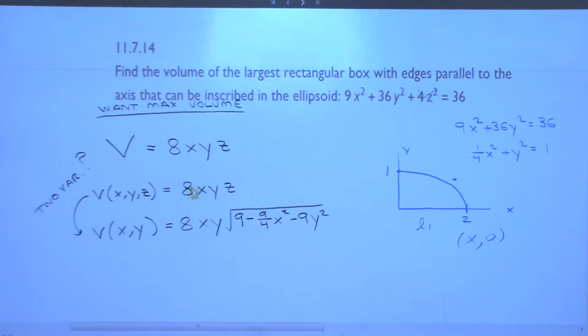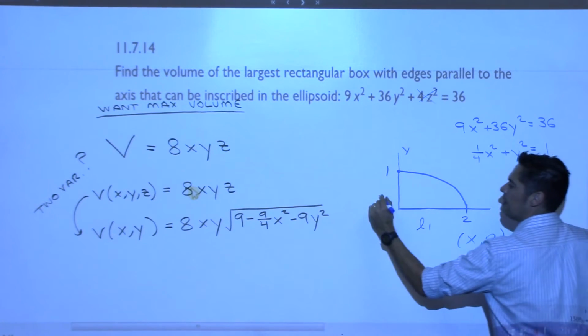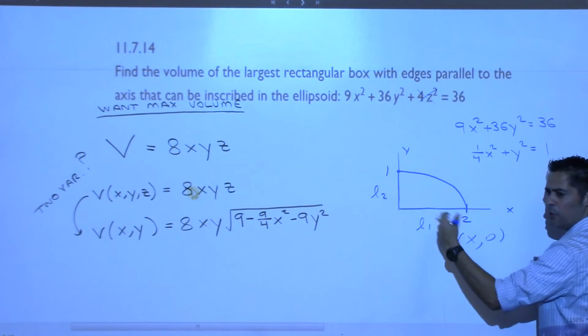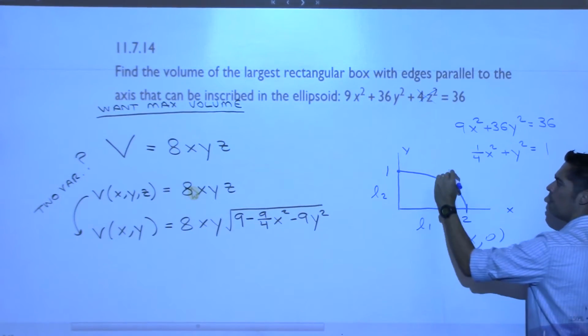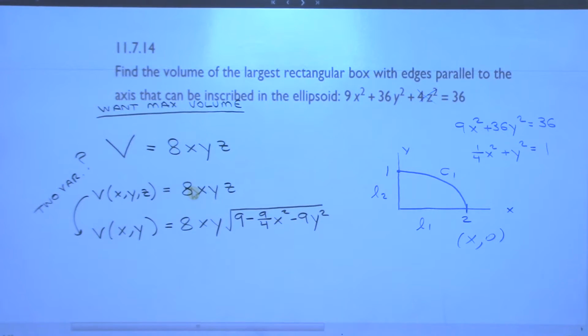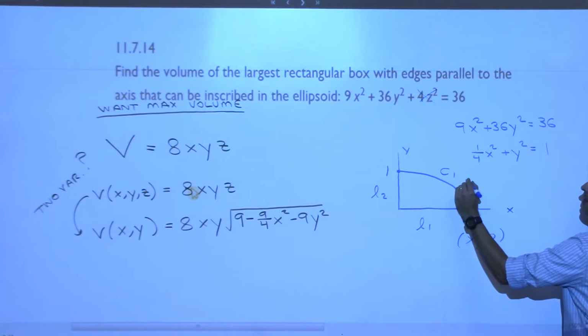The last thing we need to get, I think from this we can get L1 and L2. We'll be able to talk about those points. What about C1? What do we have to do to get C1? That's right. We know that for C1, I'm going to have a point on here.